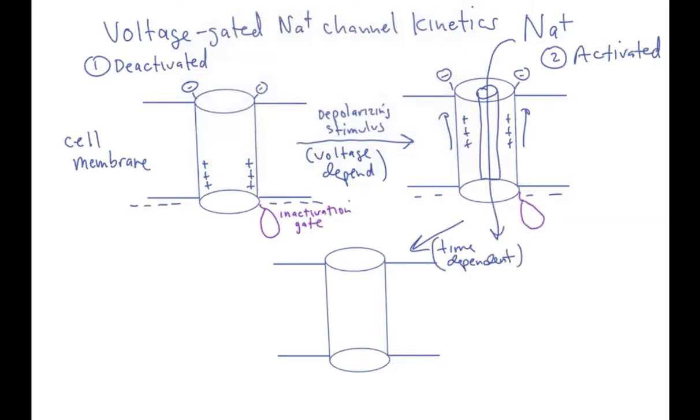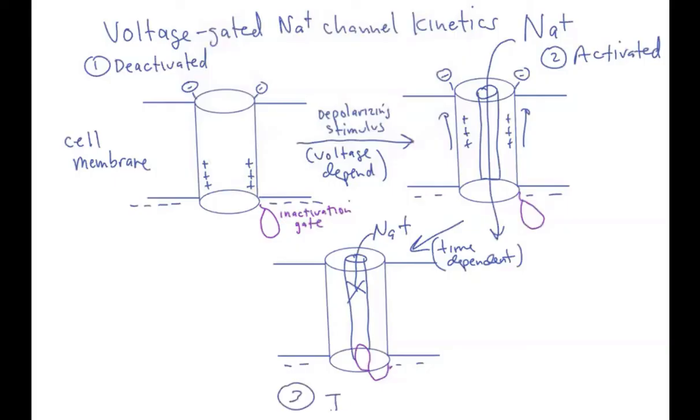And that flap is going to move into the pore. And so we can draw that here, blocking the channel pore. So the channel was opened in response to that conformational change, but now sodium cannot go through. And that is what we would call the inactivated state.